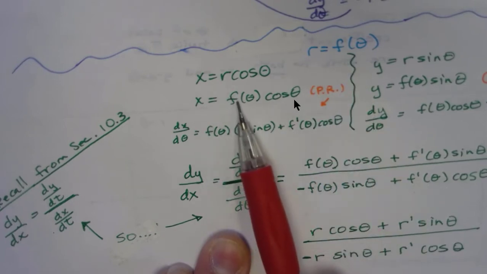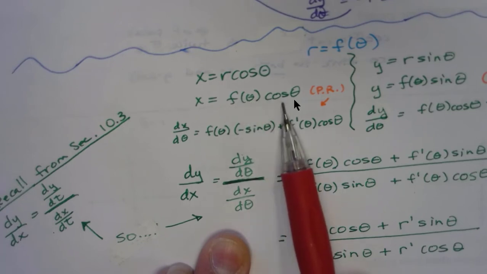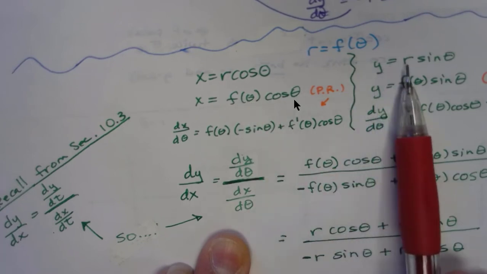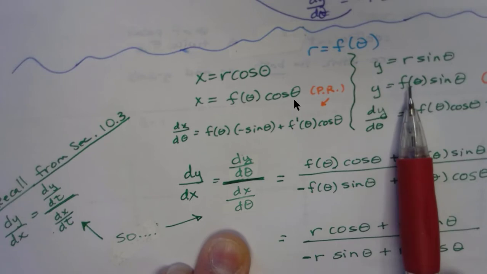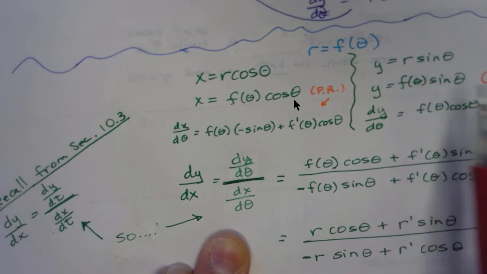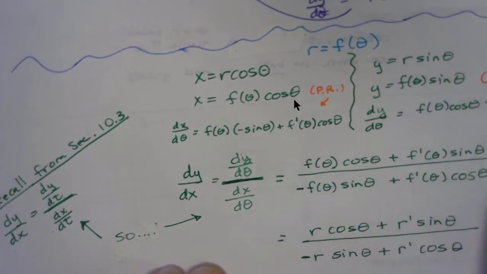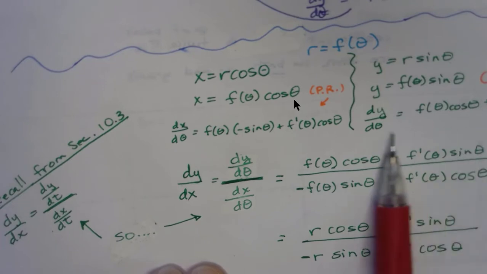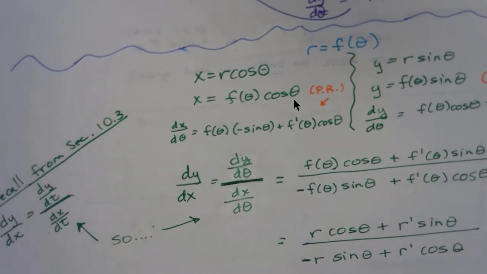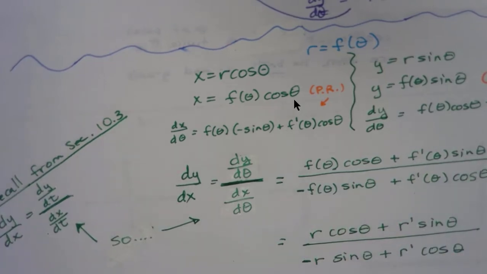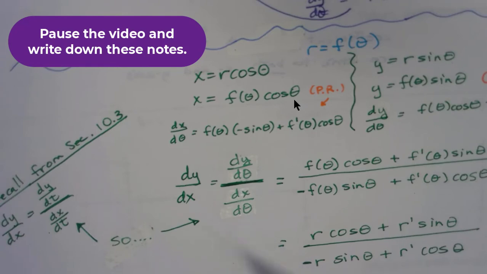So this would be x equals f of theta cosine theta, and y equals r sine theta would be y equals f of theta times sine theta. Again, following product rule with my proper notation, substituting in. So what we learned in 10.3 with my derivative in parametric form, this is just another way to think about parameters. My theta is my parameter now instead of t.